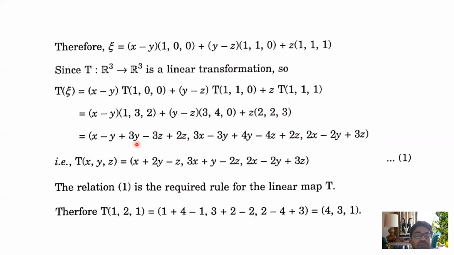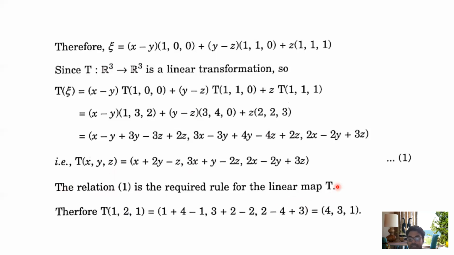First component x plus 2y minus z, second component 3x plus y minus 2z, third component 2x minus 2y plus z. So therefore T(x,y,z) is equal to this. This relation 1 is the required linear transformation T.